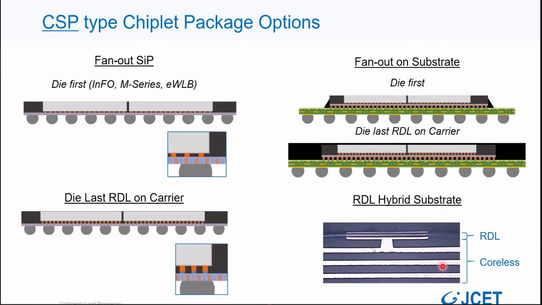Then another to mention is this RDL hybrid substrate, which basically embeds a fine RDL inside the substrate. It can be used in the CSP package as well, and can, for example, be used in the coreless substrate build up. This will provide higher performance because of the shorter connection.